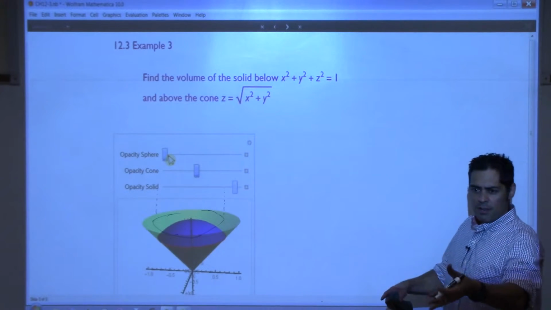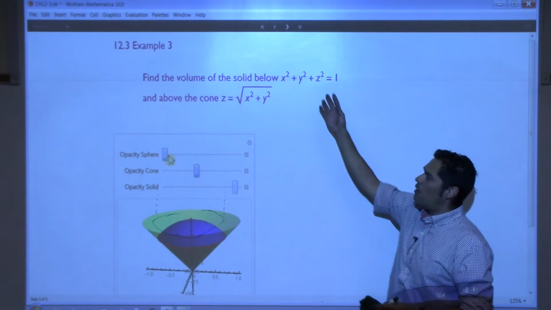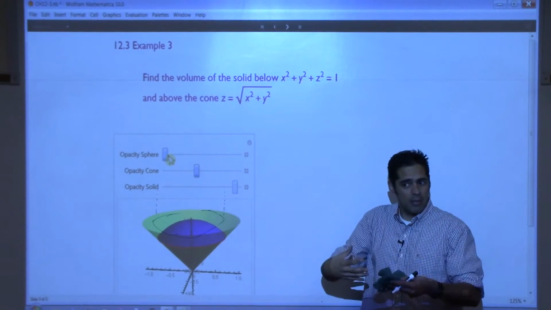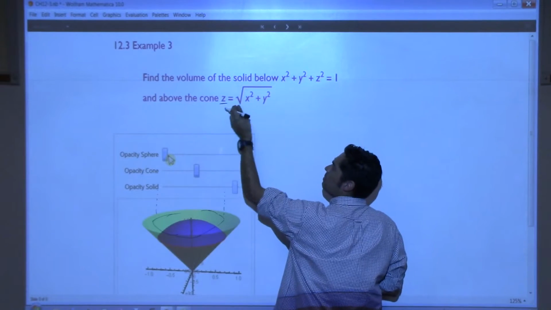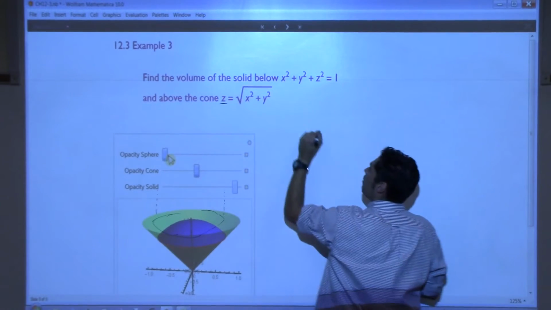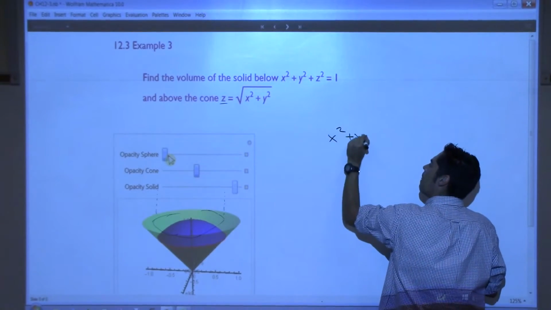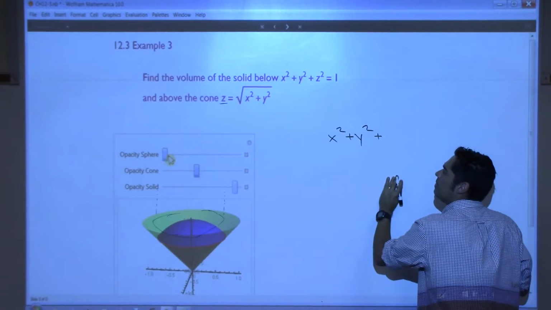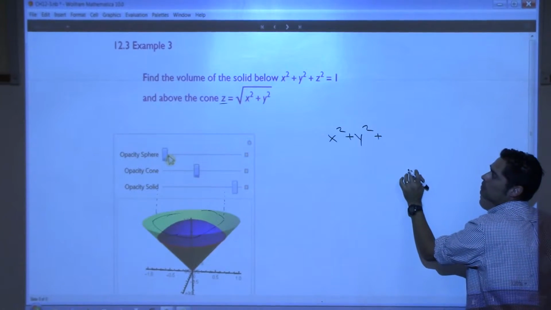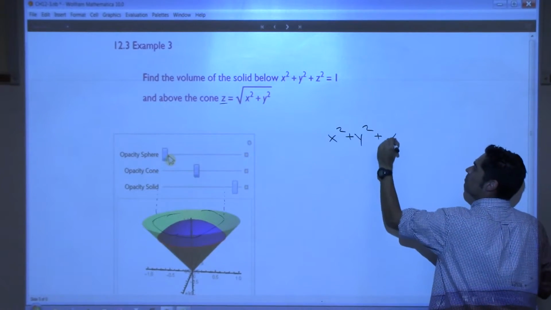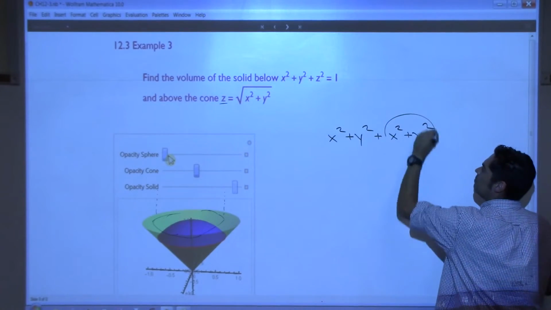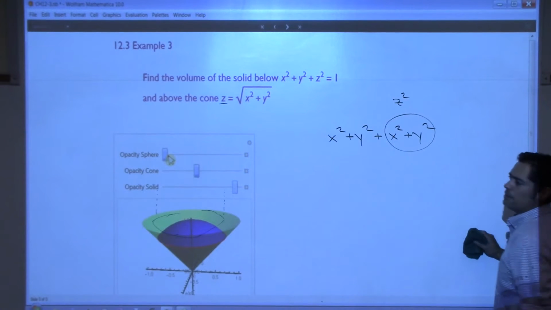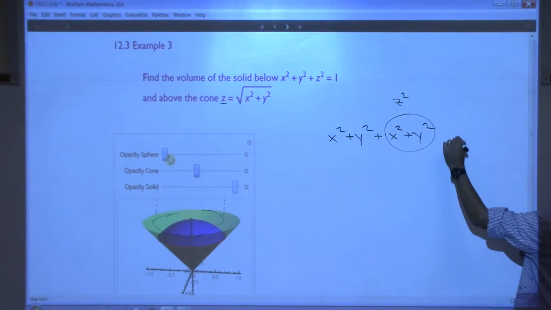Set them equal to each other would work, but we would have to solve them both for z and then set them equal. Or you can just say, hey, look, to live on the cone, z must be this. So just go rewrite that sphere equation and square z. This right here is z squared, isn't it? And then equals 1.